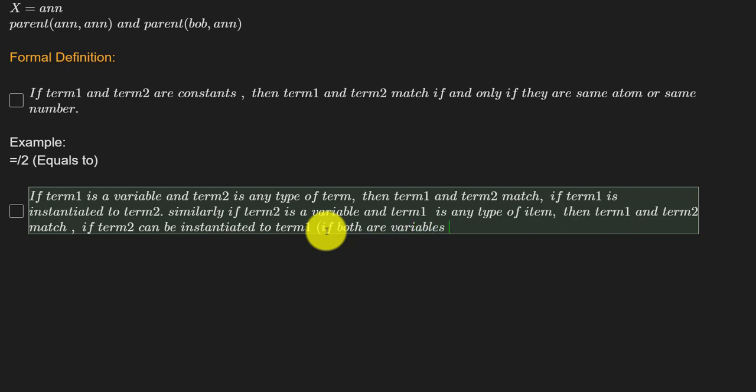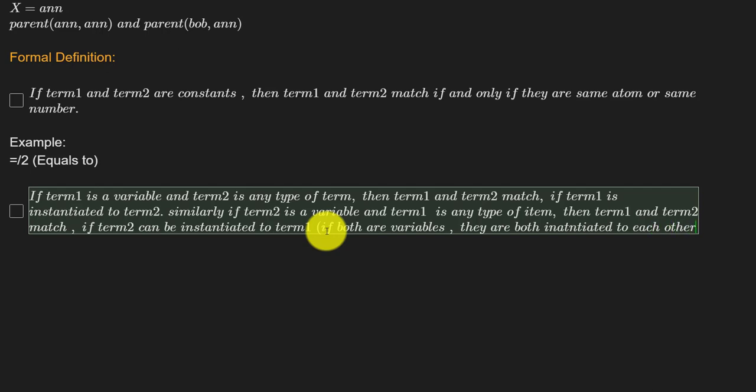if both term 1 and term 2 are variables, in that case they can both be instantiated to each other. That means they share the same value.